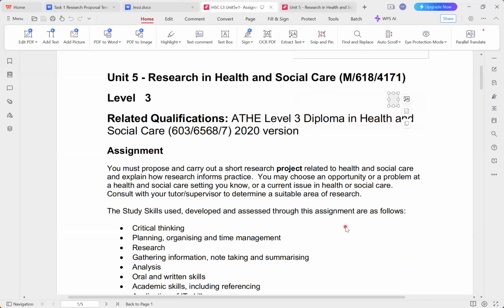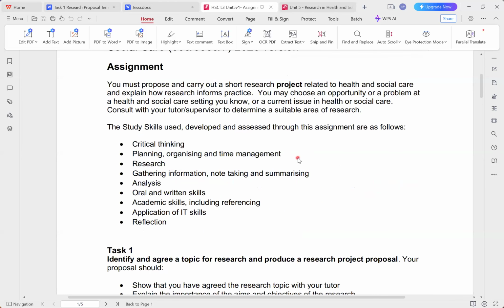The study skills that we are assessing here are your critical thinking, planning, organization, and time management, your research, gathering information, note-taking, summarizing, analysis, oral and written skills, academic skills, including your references, application of IT skills, and reflection.